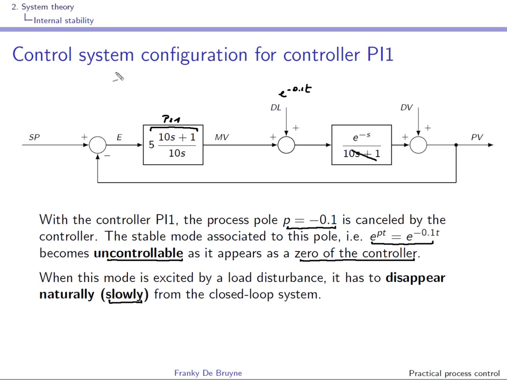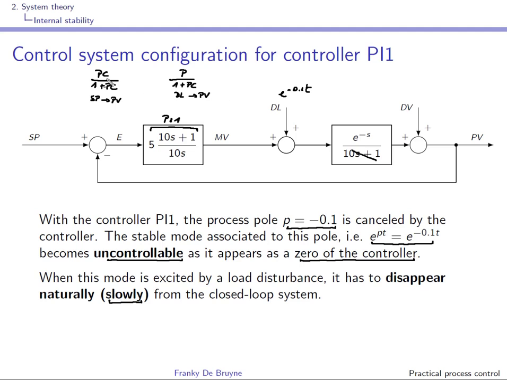Another way to see this is that, well, this pole will disappear from the closed loop transfer function PC over 1 plus PC. This is the transfer function from SP to PV, but it will not disappear from the transfer function P over 1 plus PC, and that's the transfer function from DL to PV, right?